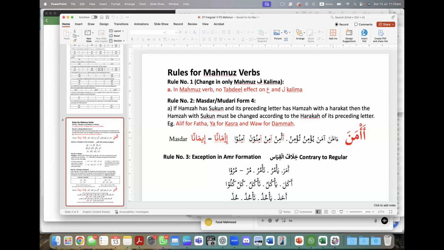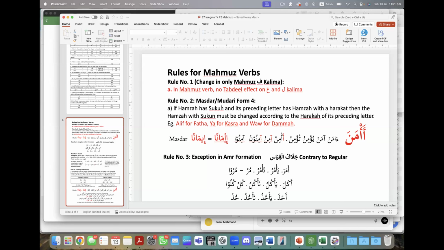The other terminology is tabdil. Baddala yubaddilu. Baddala means changing. So that is quite easy. In fact, we use the word tabdilization, transformation, baddala yubaddilu. It's nice for us to communicate using that term. Alhamdulillah. So we will learn the rules for the tabdilization or ta'lil process.